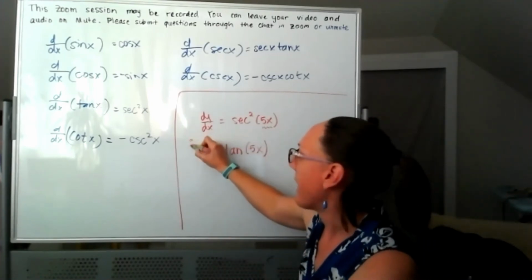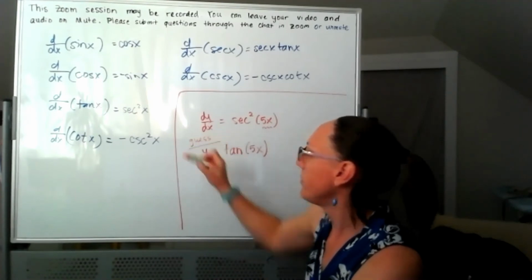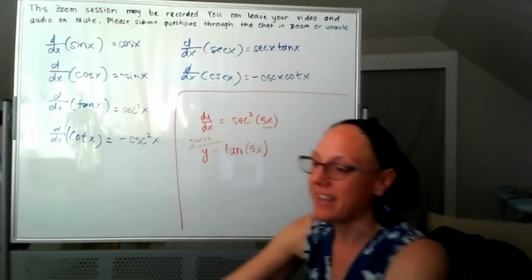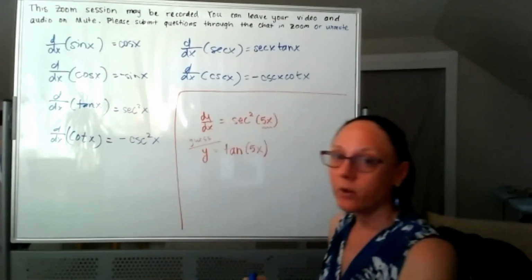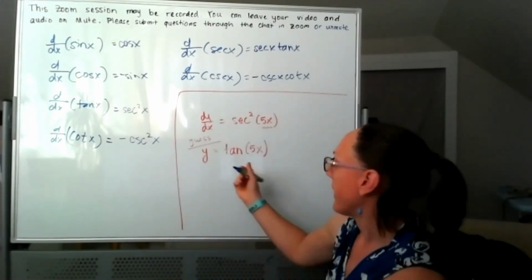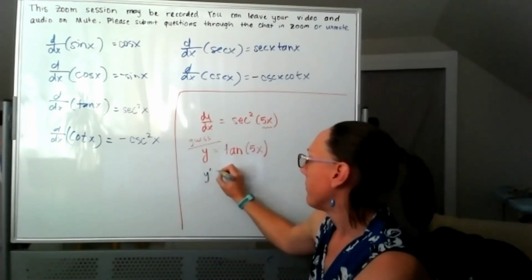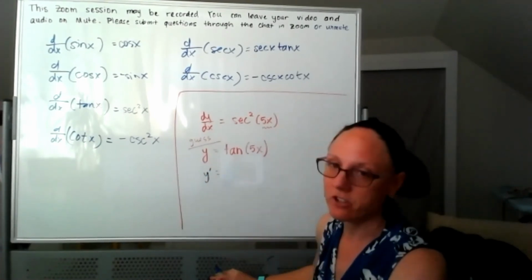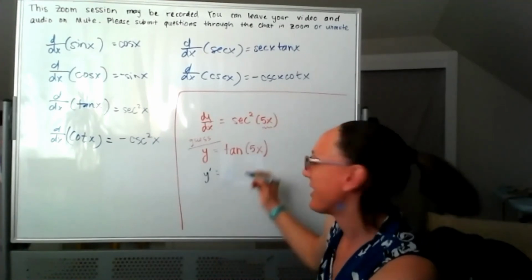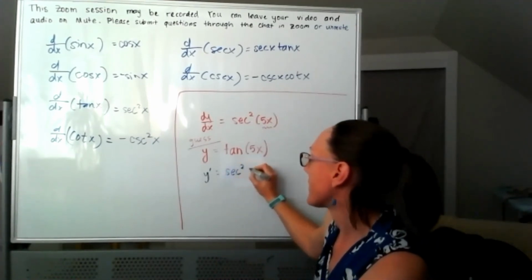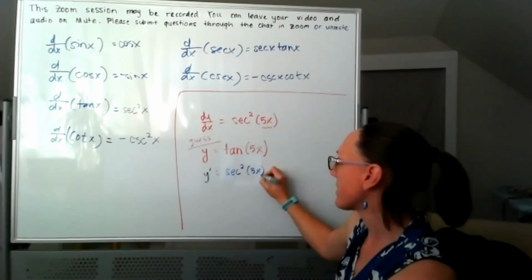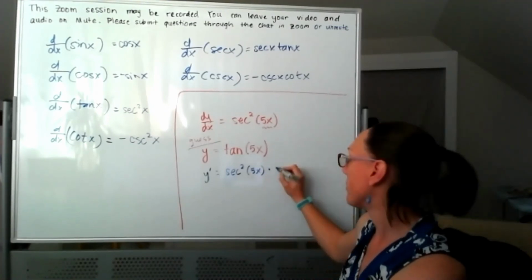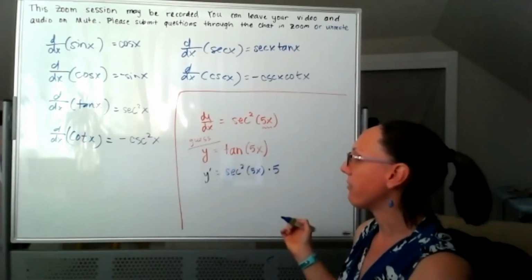So if this is my guess, then the way that I would check my guess is by taking the derivative of it. If I take the derivative of tangent of 5x, I'd end up with secant squared of 5x, and then, because of chain rule, I'm going to have to multiply that by 5.